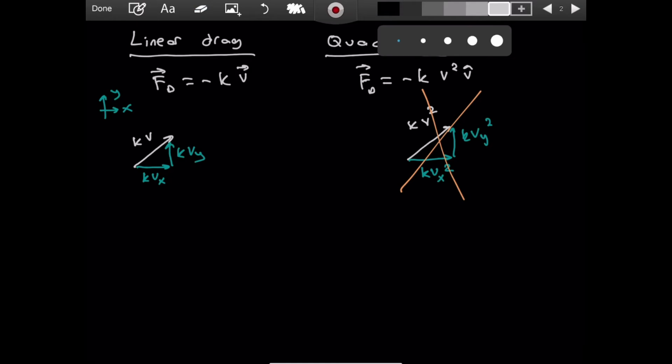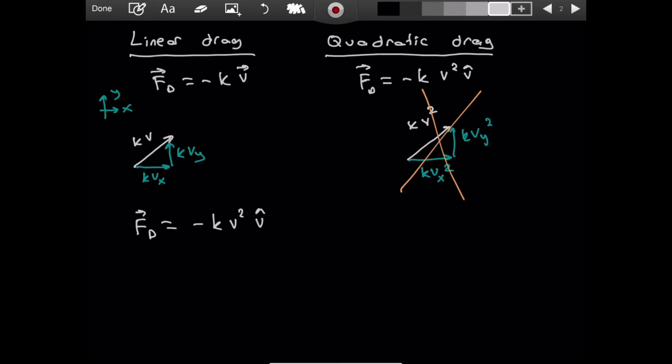So I want to start with the definition, this model that we have, and it won't take much time, trust me. We have the force of drag is equal to negative k, the speed squared, and then the v hat direction. Well, we know that the force of drag will have two components for our case, the x and the y.